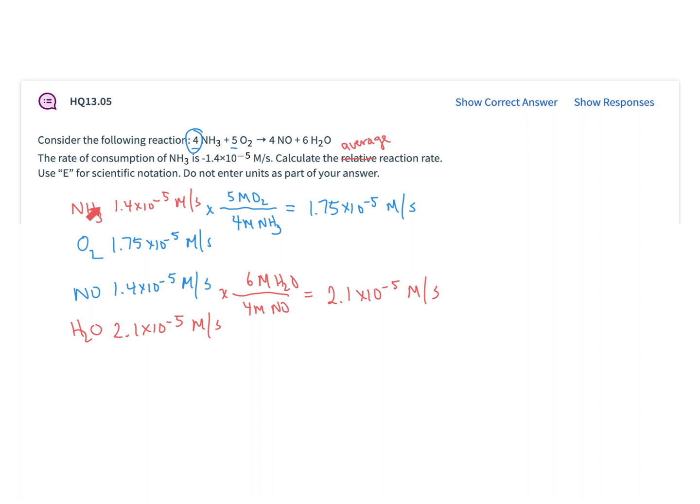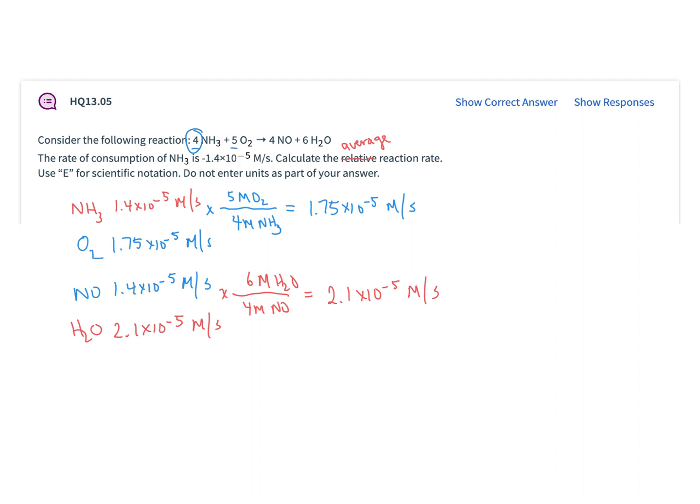For the average rate, we're essentially going to set the coefficient equal to 1. This coefficient of 4 means ammonia is reacting 4 times faster. This coefficient of 5 means oxygen's reacting 5 times faster.